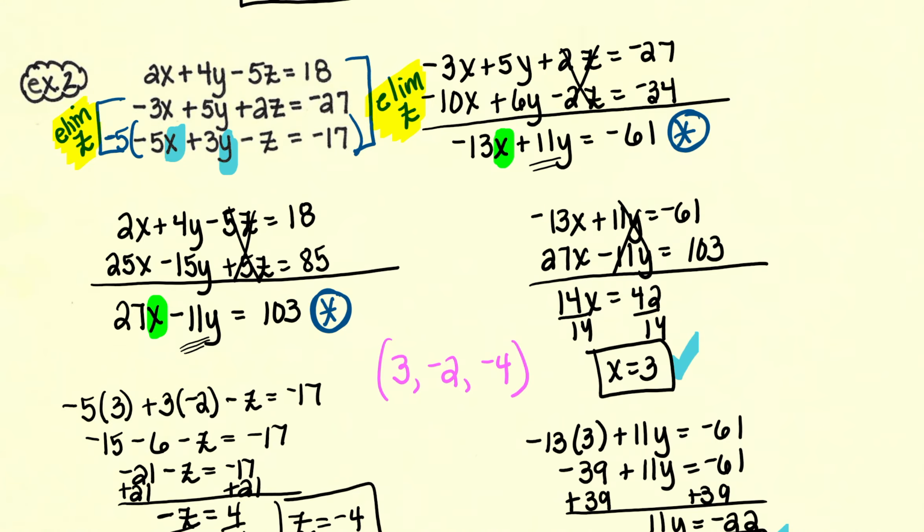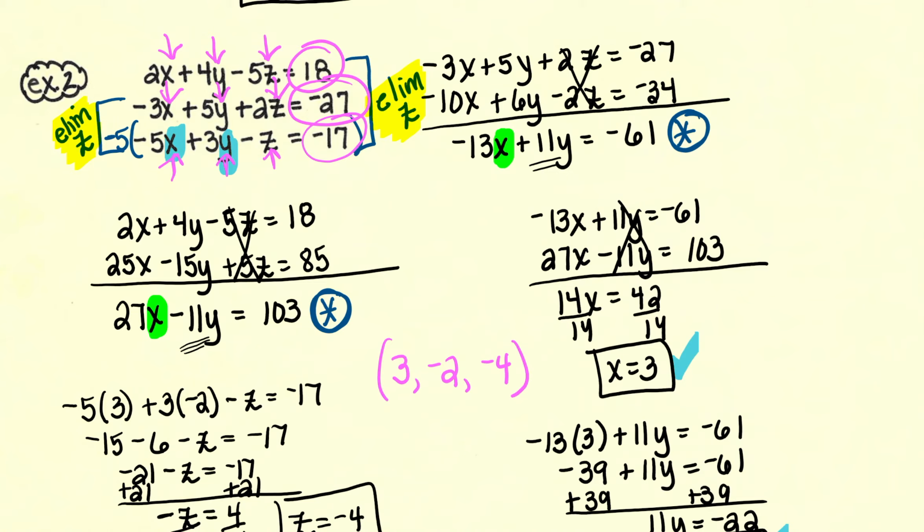You go back to the originals, and you'll say 2 times 3 plus 4 times negative 2 minus 5 times negative 4, and 18 pops out. Then negative 3 times 3 plus 5 times negative 2 plus 2 times negative 4, and 27 is there. Negative 5 times 3 plus 3 times negative 2 minus a negative 4, and sure enough, it does equal negative 17.